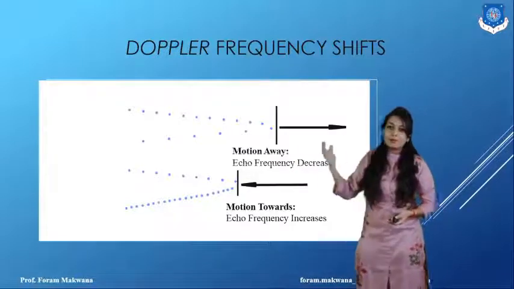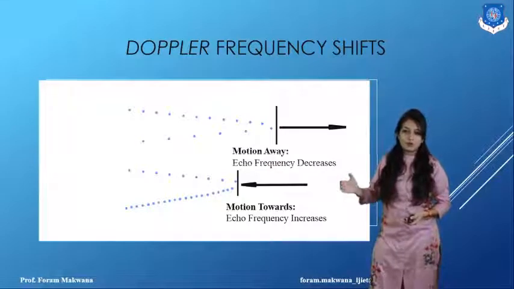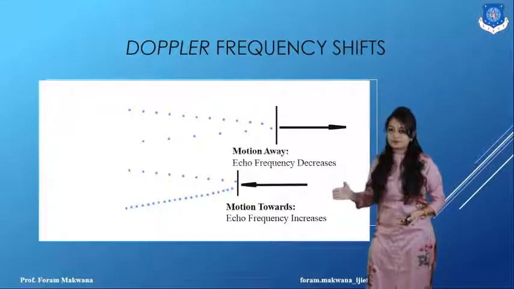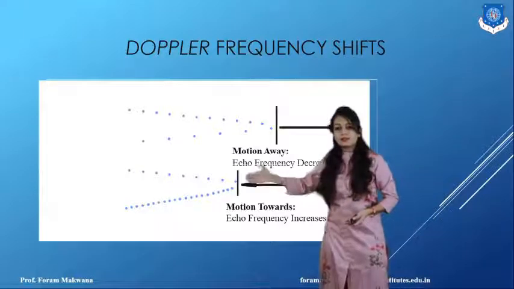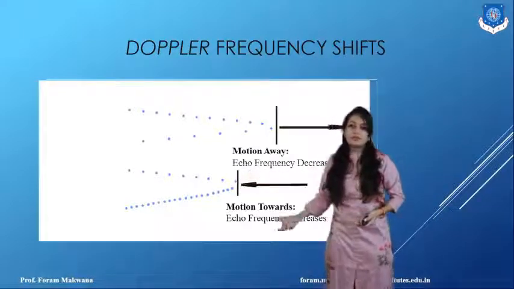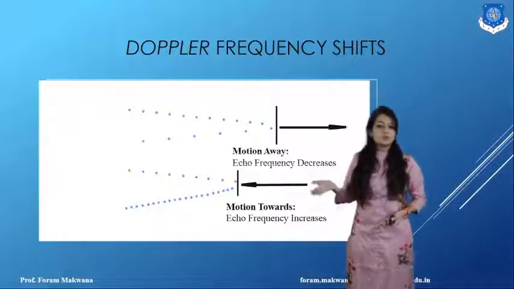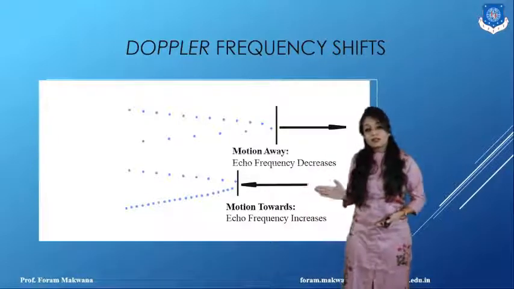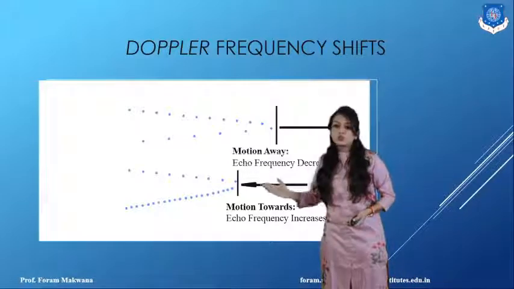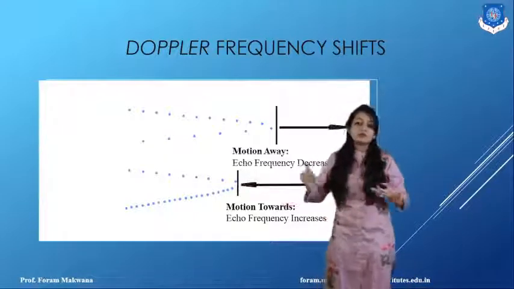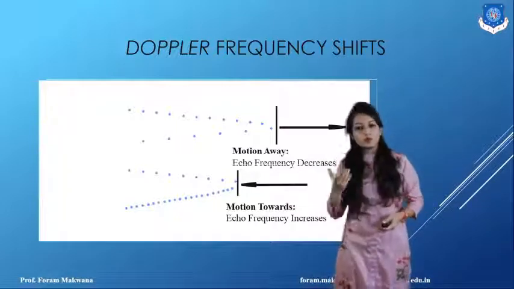That means my frequency is going to decrease. And if my target is moving towards the radar, my echo frequency is going to increase, because the target is getting nearer to the radar. So it implies that the frequency is going to increase.